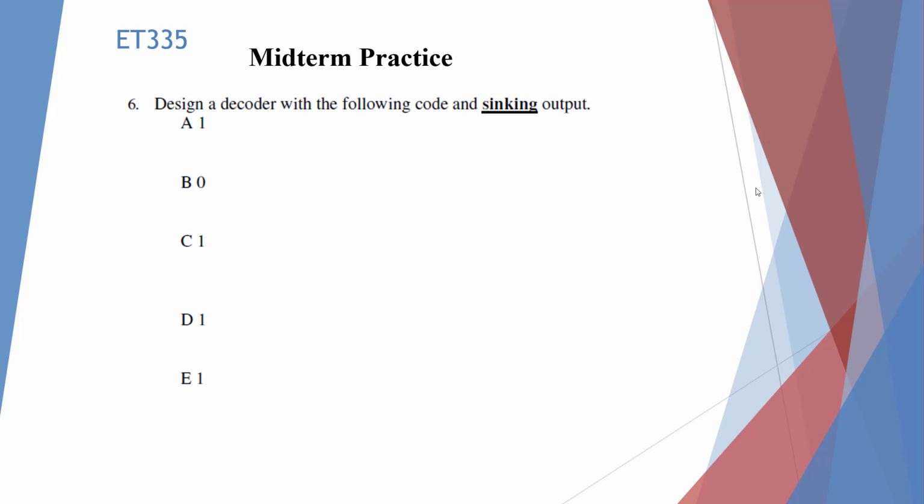Here we have a decoder, and I did not specify what kind of gates to use. So we want a sinking output, so why don't we just use a NAND? And we're going to have a 1, 1, 0, which is what we're asking for.